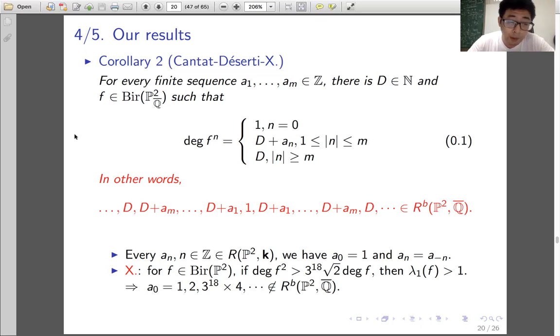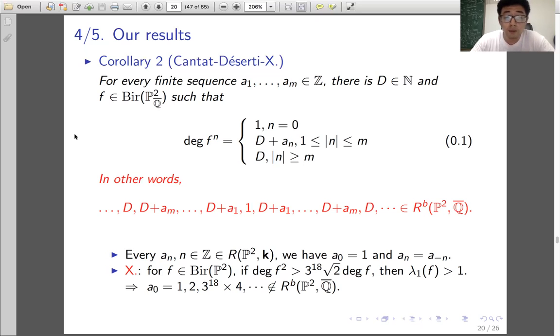I proved that if F is a rational self-map of P^2, and if deg(F^2) is strictly larger than 1/2 deg(F), then lambda_1(F) is strictly larger than 1, so it cannot be bounded.